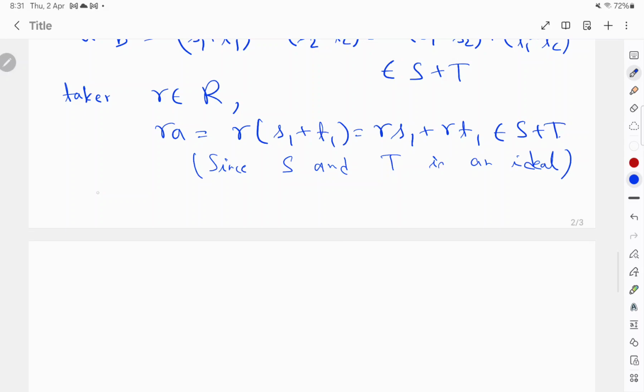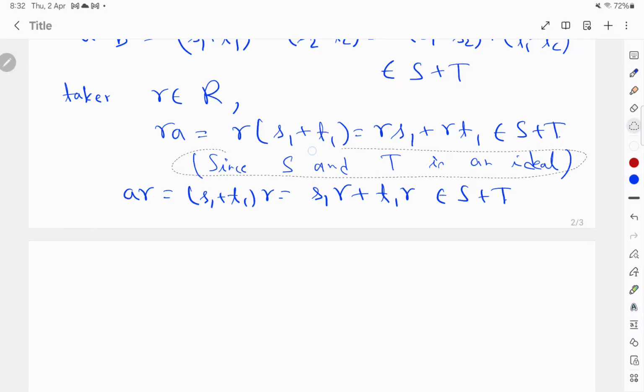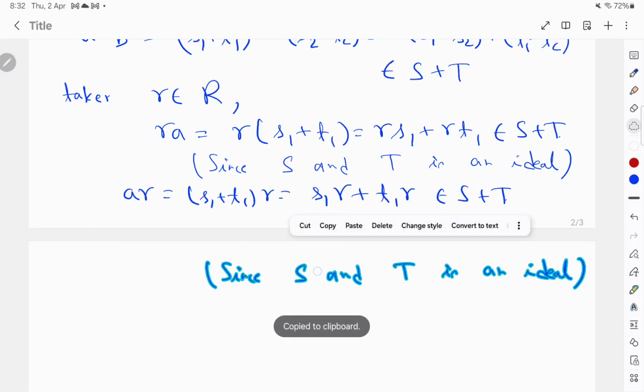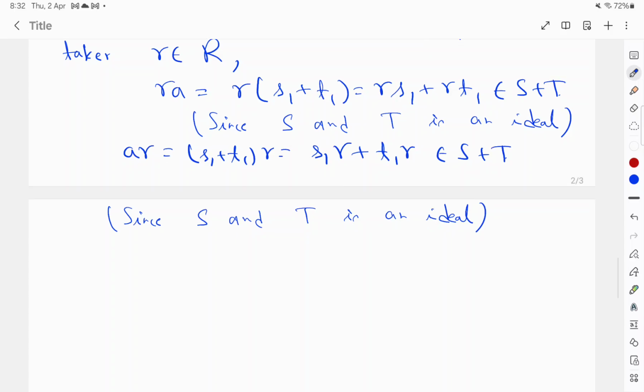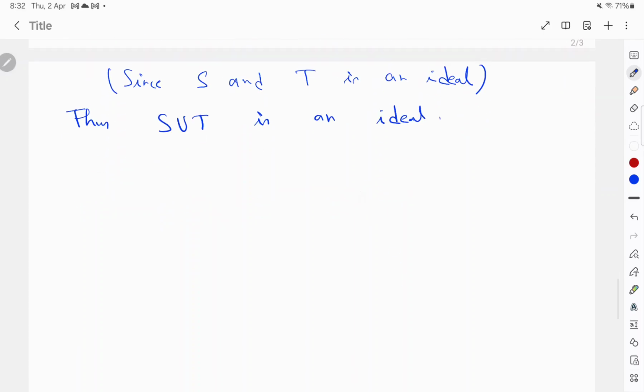Similarly you have a into r, so basically s1 plus t1 into r, so s1 r plus t1 r, this belongs to s plus t, and you write the same line. Fine. So this proves that S plus T is an ideal. This is done. Next part.